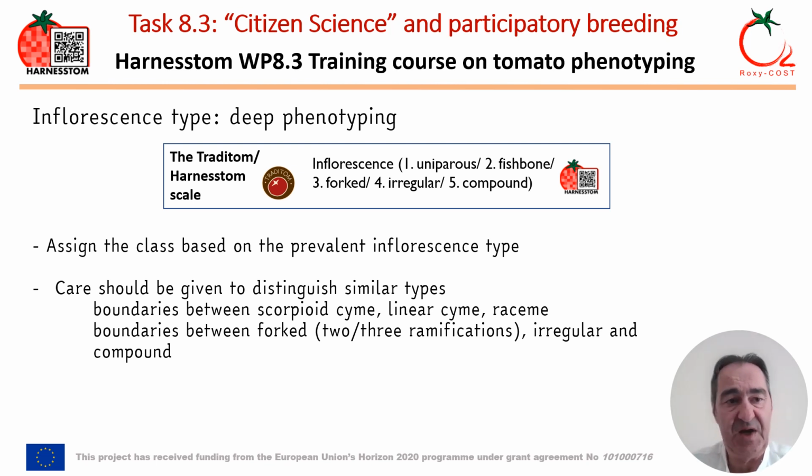This follows an evident increased level of complexity. We assigned a class based on the prevalent inflorescence type estimated by the operator. And in this case, the boundaries between different types should be clearly stated and agreed among operators.